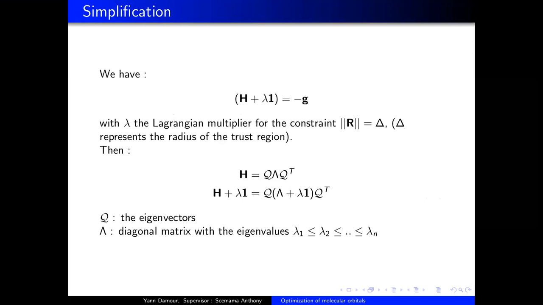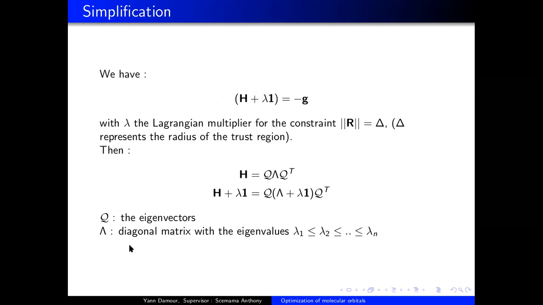And so we have this equation, and to solve it, we will do the eigendecomposition of the Hessian as follows. With this, we can build the eigendecomposition of the Hessian plus the Lagrange multiplier factor multiplied by the identity matrix.